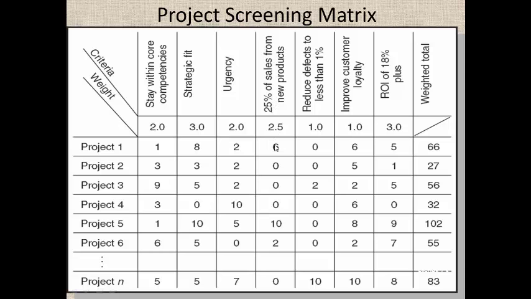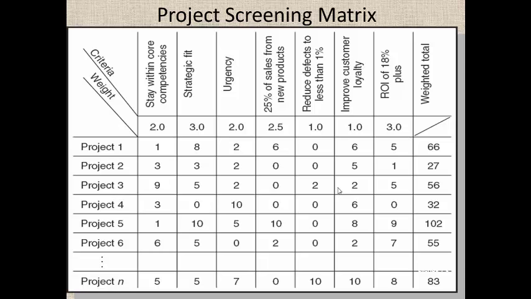25% sales from new products. So what is the criteria? 25% of the sales from new products. Will you be able to get 25% of the sales from the new products? Reduce defects to less than 1%. So whether this project will reduce the overall defects to 1%, based on which you need to have the weightage.